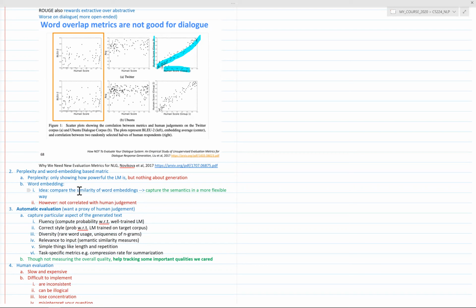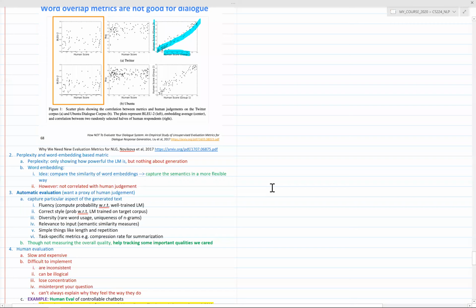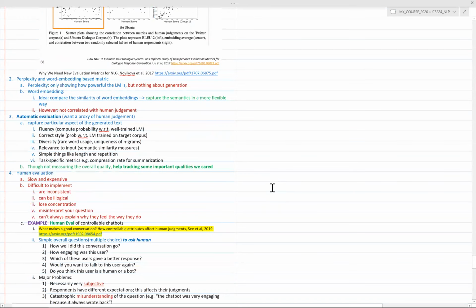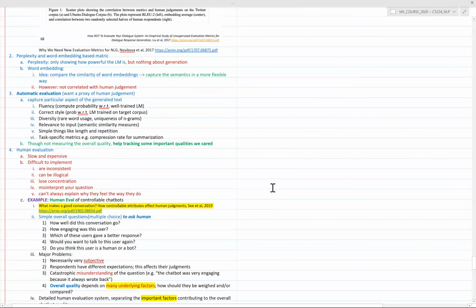So maybe for the machine it makes sense, but when you read it, it could be nonsense. And we need automated evaluation metrics to be a proxy of human judgments as an evaluation metric for the generation task.